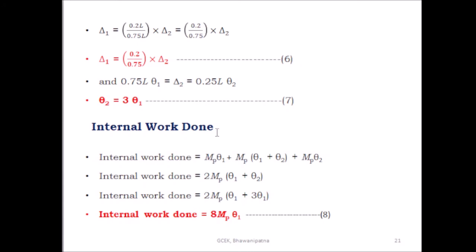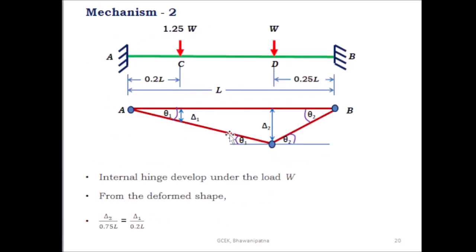You can find out the internal work done from this collapse mechanism. The plastic hinge at A, the plastic moment is MP and the rotation is theta 1. So what is the internal work done? MP into theta 1. And at the plastic hinge B, the plastic moment MP and the rotation theta 2. What is the internal work done?